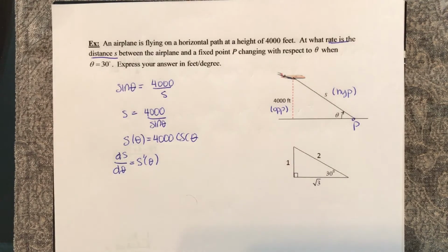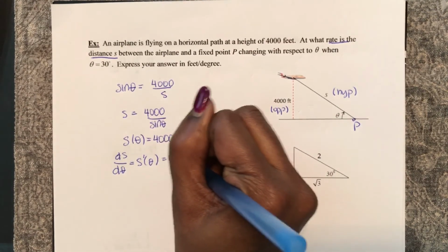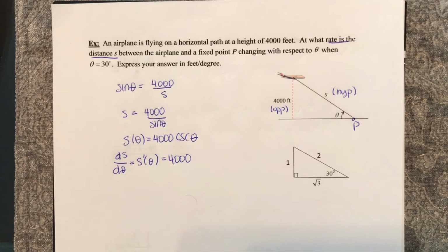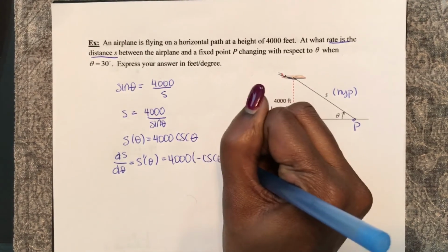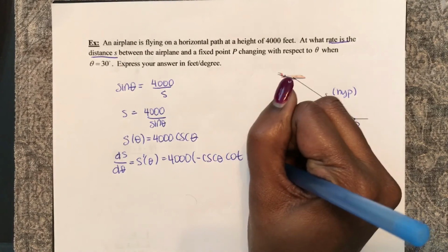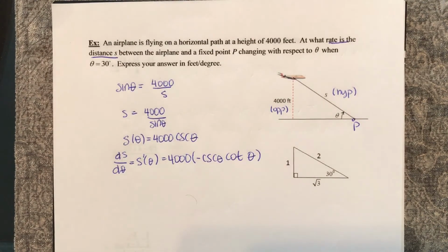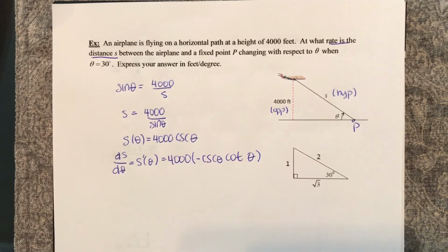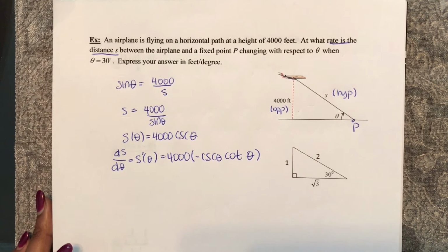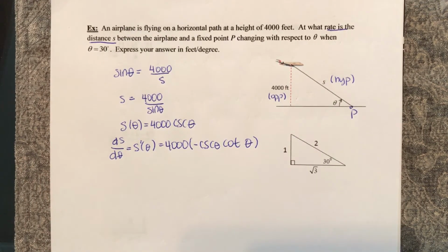Those are both equivalent statements, which is the derivative of this trig function. So that is going to be 4,000, which is my constant, multiplied by whatever the derivative of cosecant is, which from our first page is negative cosecant theta cotangent theta. So now I can already see my answer is negative, which is what I hoped would happen based on my understanding of the diagram.